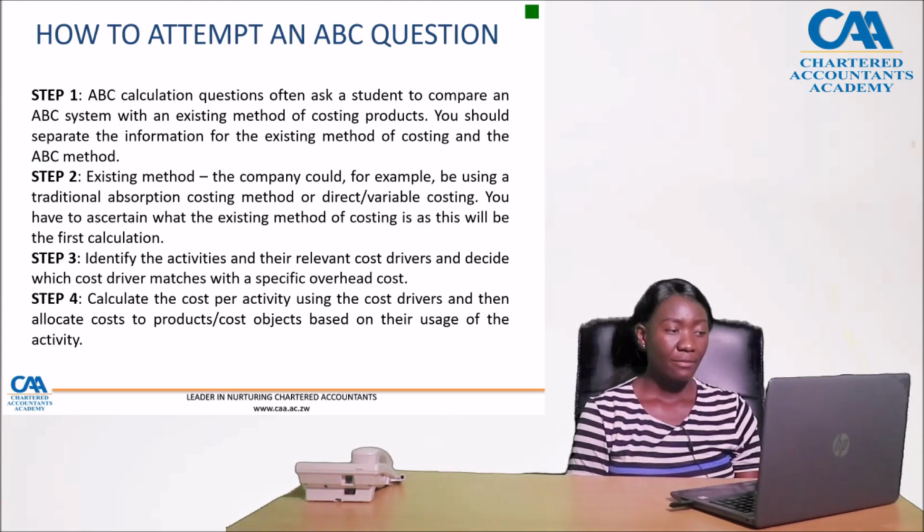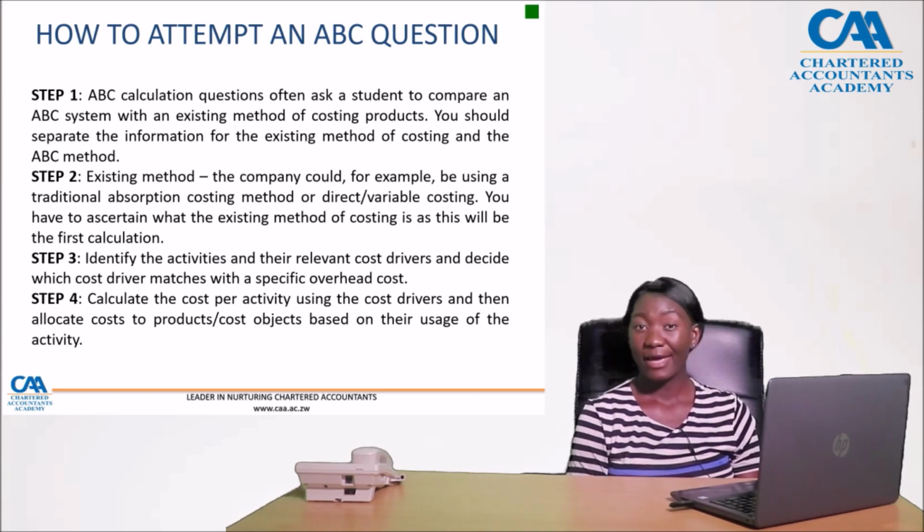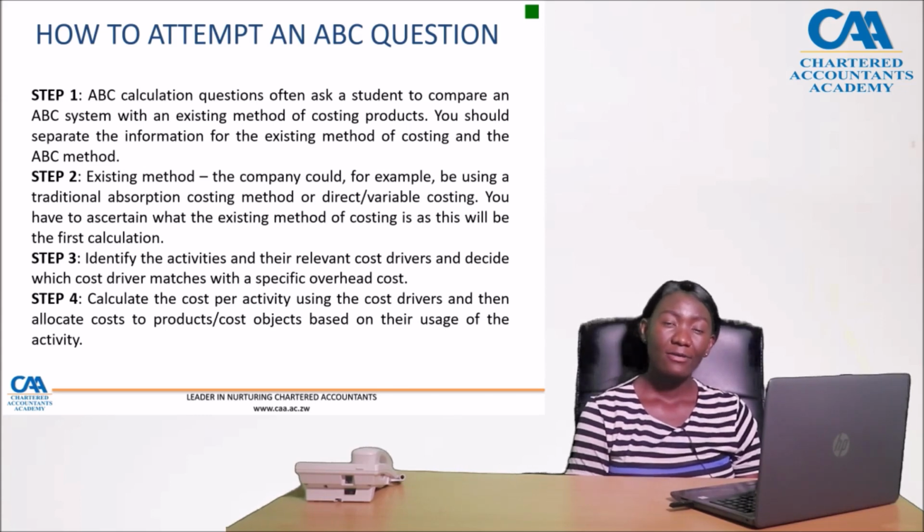So that's a roundup of your activity-based costing. Remember, the major difference between all the costing methods, that is your variable costing, absorption costing, and ABC costing, lies in the treatment of fixed costs. So under your variable cost, you should know how you allocate or treat your fixed cost.